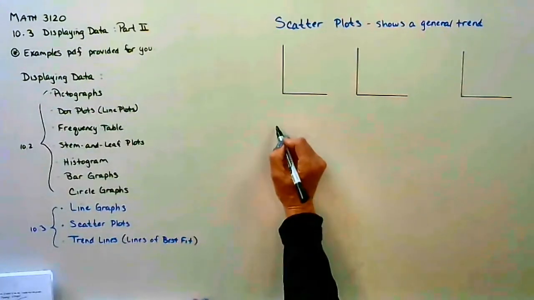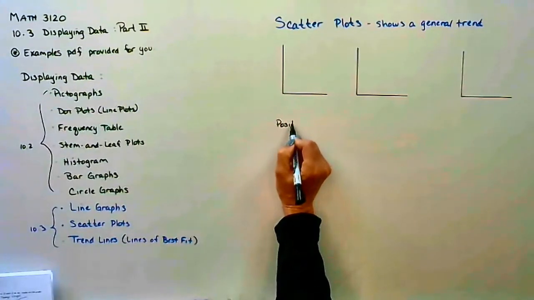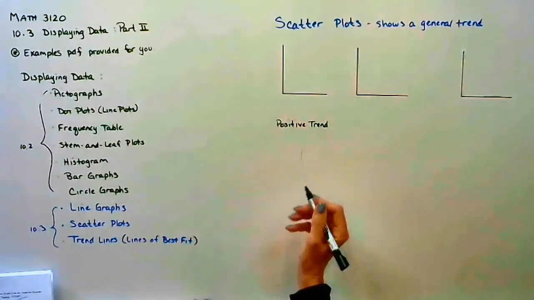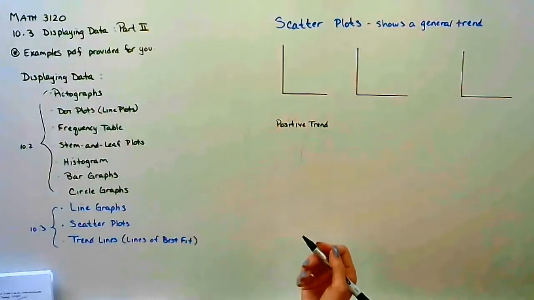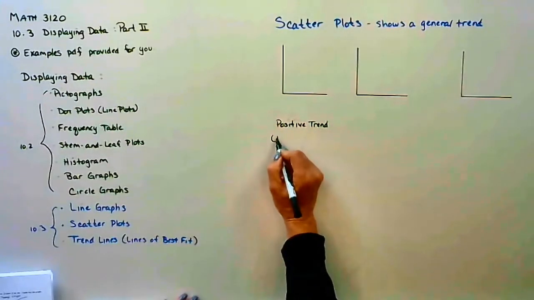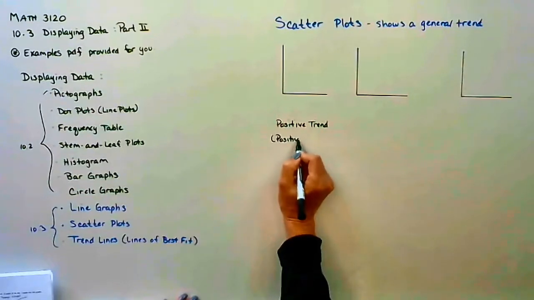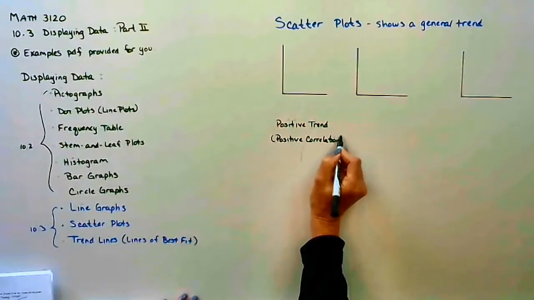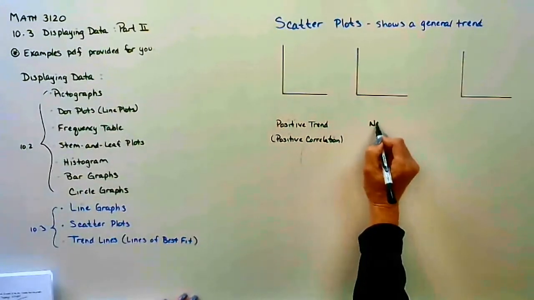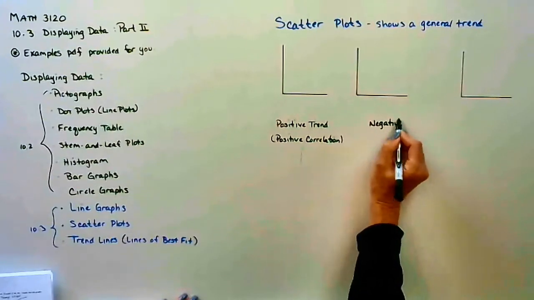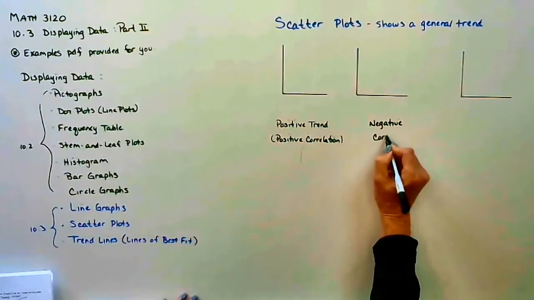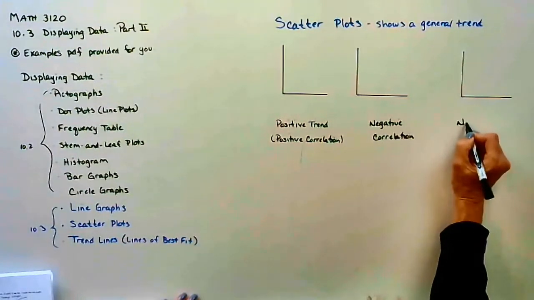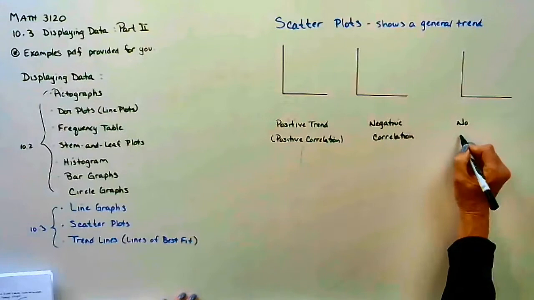Your data can either be heading in a positive direction, a positive trend, or what you'll hear more often in statistics is a positive correlation. We have a negative trend or a negative correlation. Or you have neutral, or you have no trend, no correlation at all.